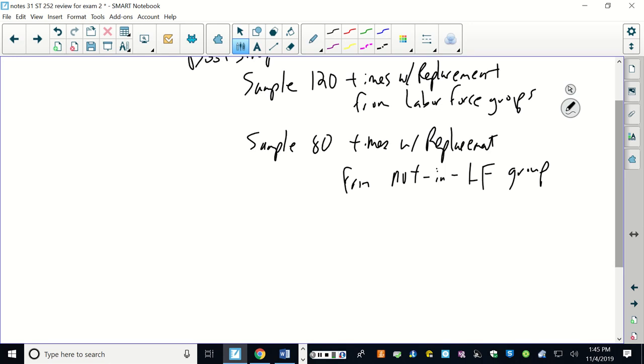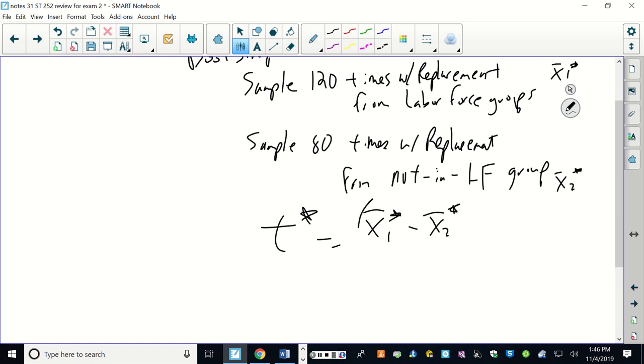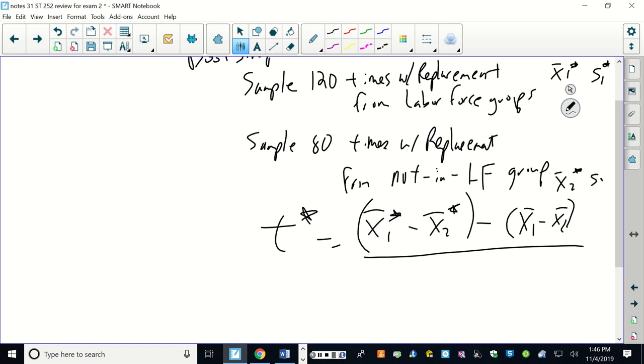Our t statistic is, we take the bootstrap. So this one gives us x bar 1 star. This gives us x bar 2 star. And we subtract the x bar 1 minus x bar 2 from the original sample and divide by standard error. This gives us s1 star, this one gives us s2 star as well.